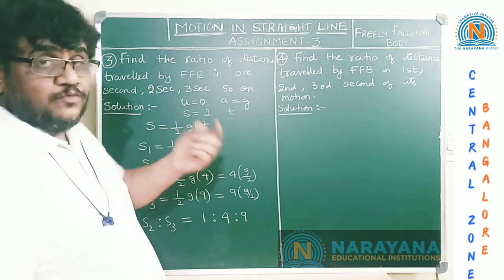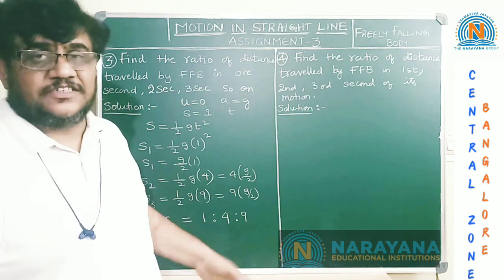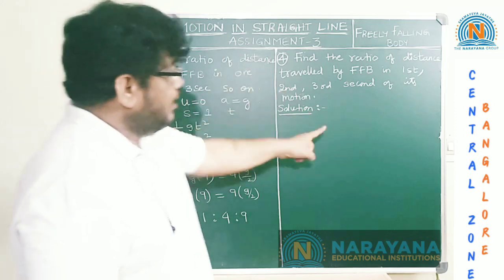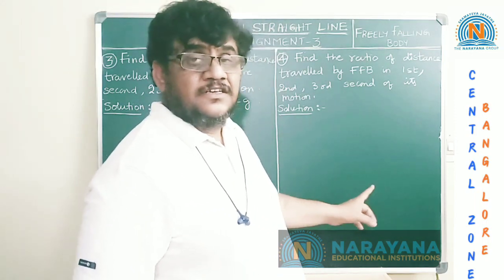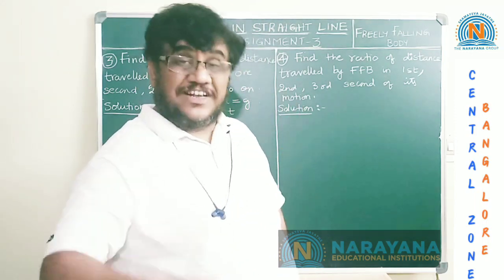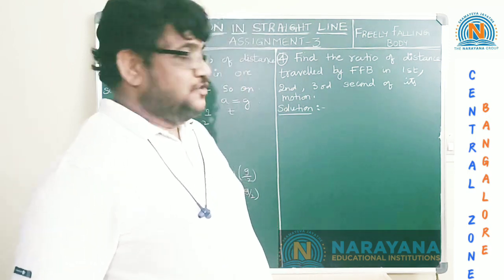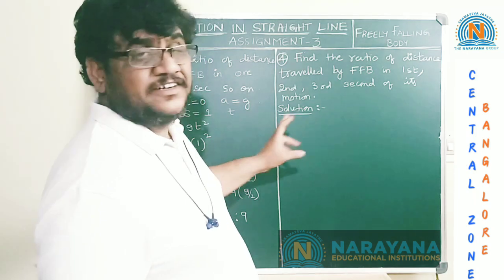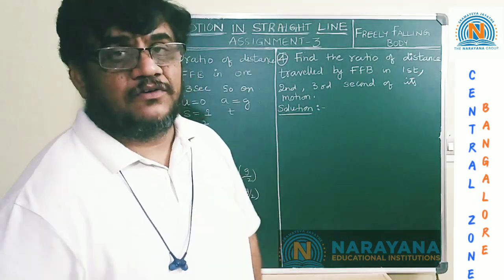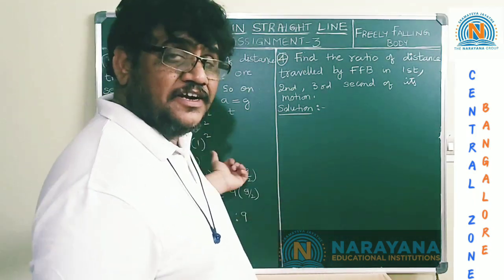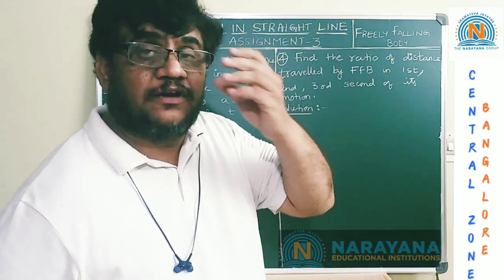This is distance in 1 second, distance in 2 seconds, distance in 3 seconds. Now what is asked here is to find distance in the first second, second second, third second. So you have to find distance in a particular interval of time. This is in a given interval of time, this is in a particular interval of time.